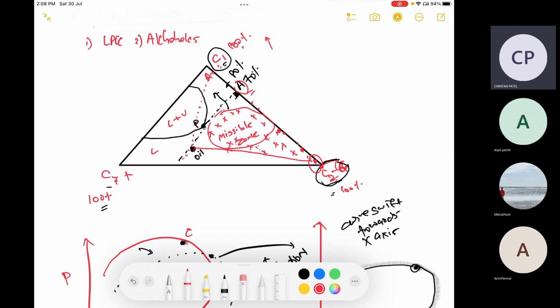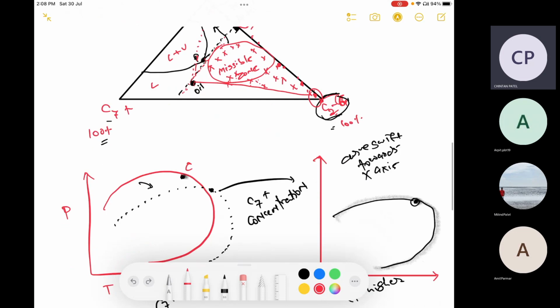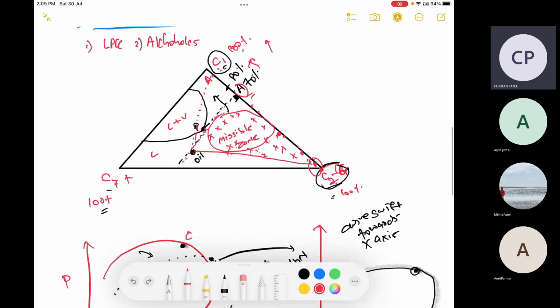But the maximum condition is the maximum tangent line from this two-phase zone. So above this A point, you won't get first contact miscibility because it will start to pass through this two-phase zone. So definitely the minimum condition required is the maximum tangent line from that two-phase zone. Any doubt in this?